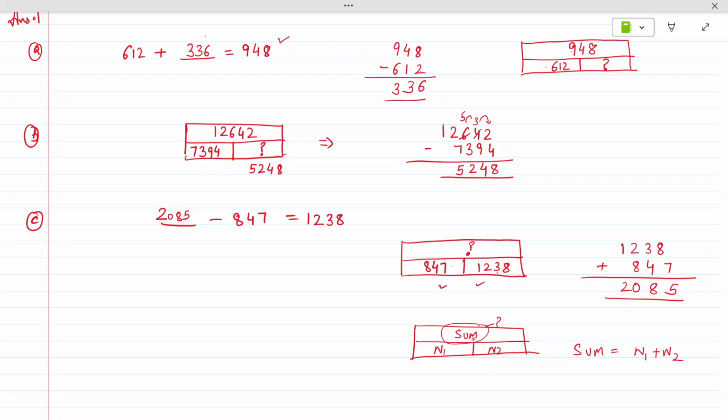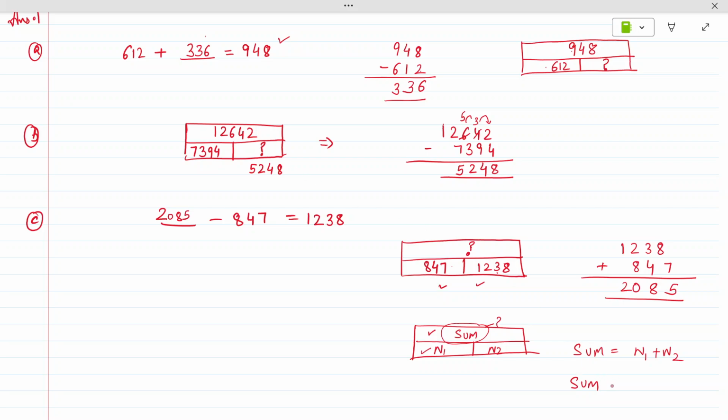And if the sum is given to us and n1 is also given, like in this case where the sum was given, one number was given, and we have to find the second number.